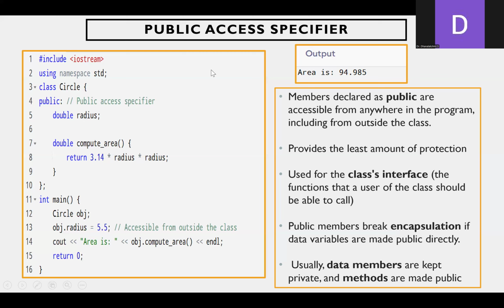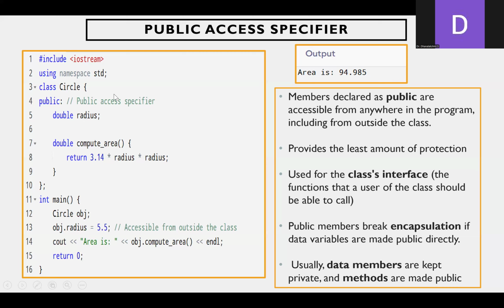So here we have a small sample code to explain this. Let's begin with the definition of the class named Circle. A class groups the data members and the functions that operate on them. You know that data members can be called members, and functions can also be called methods.